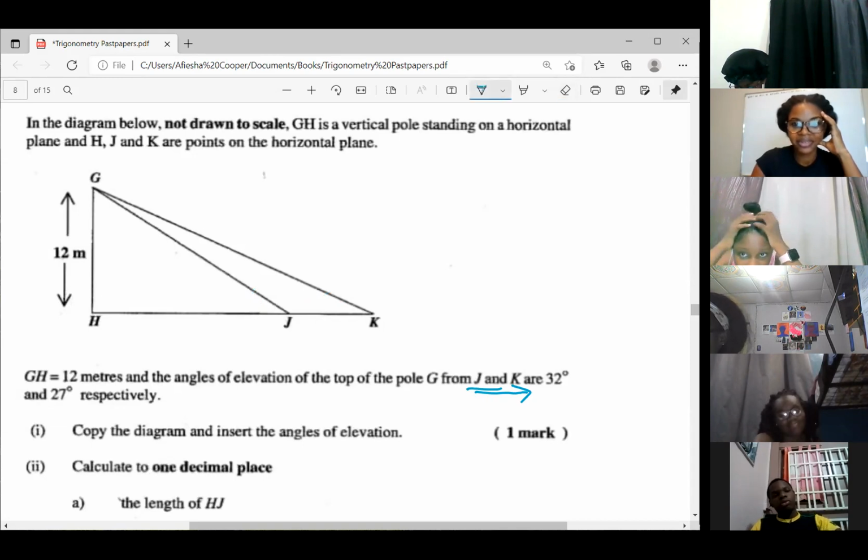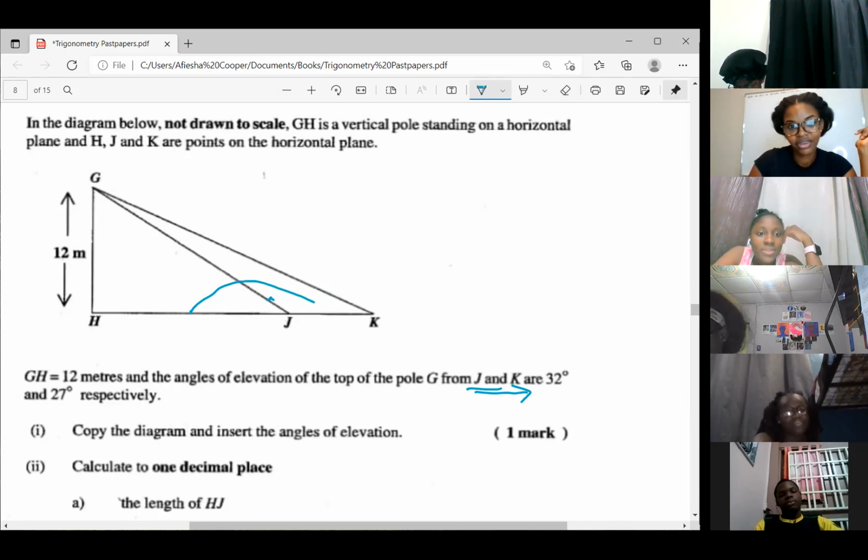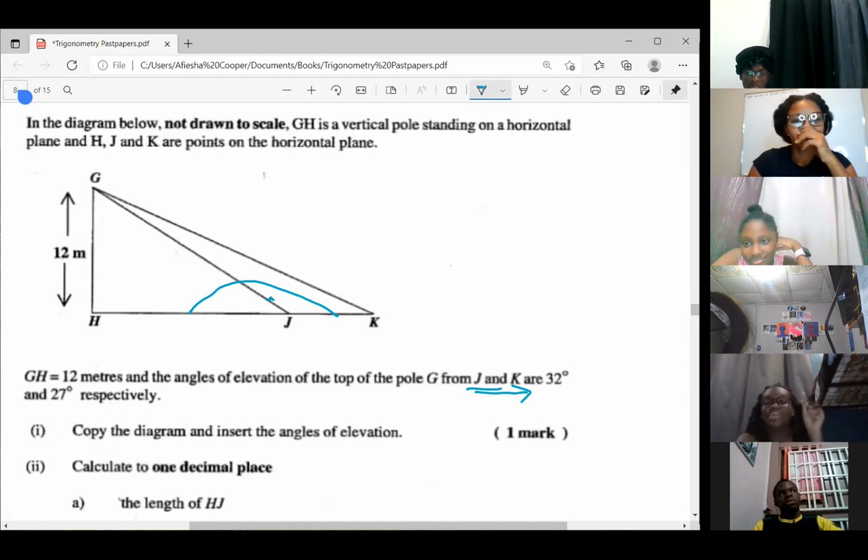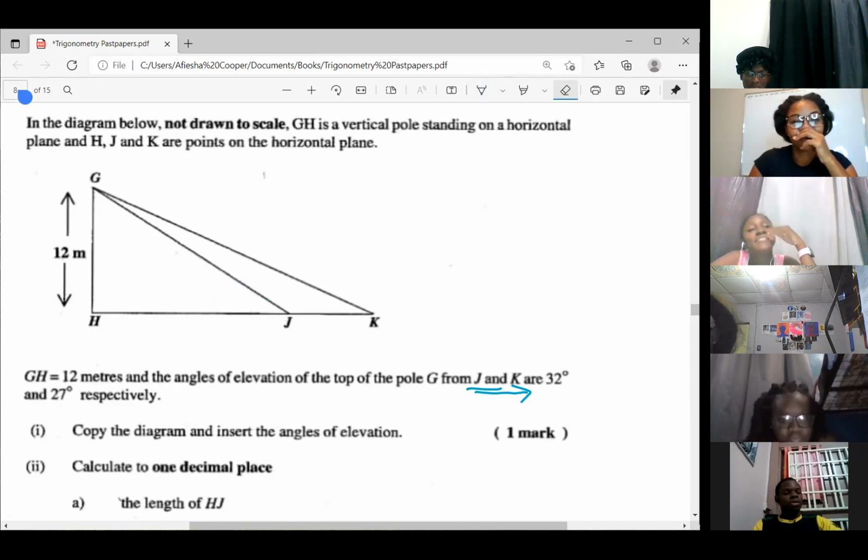Okay, tell me where to start. The J line. Let's pretend the J line is not there and just draw a regular triangle angle. GK, not JK.